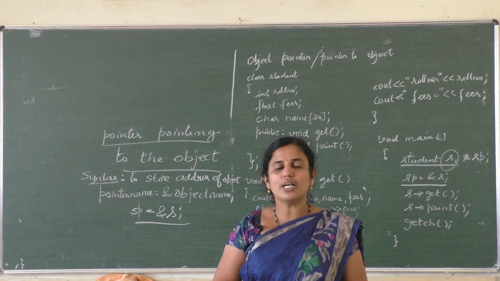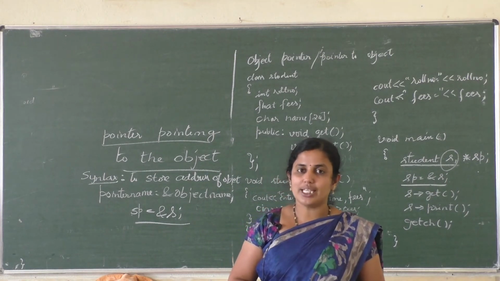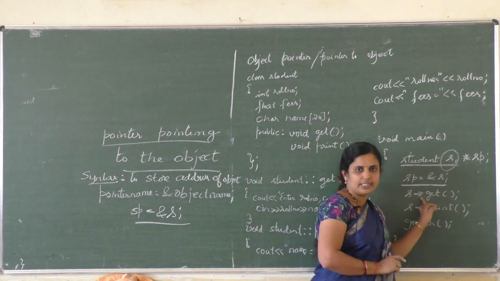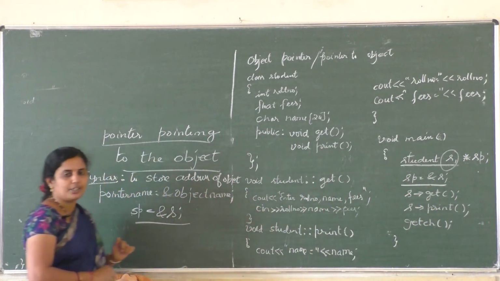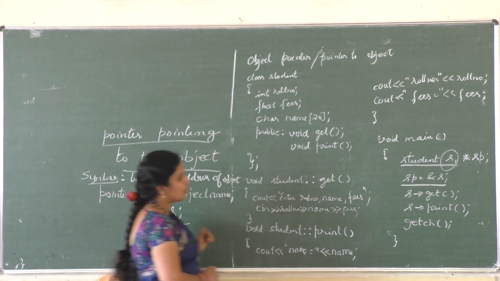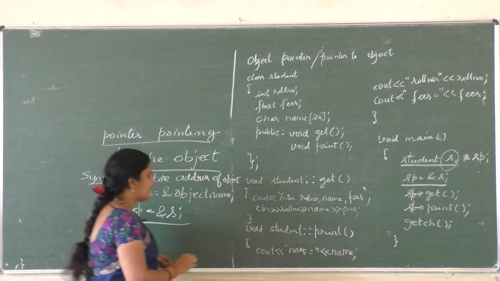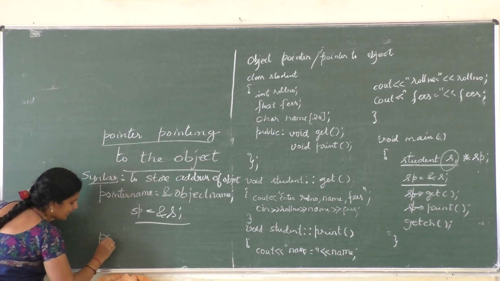Okay. How to access it? That is by using the member reference operator, the arrow operator. We have to use an arrow operator and a pointer name. What is the pointer name here? Pointer name is sp.